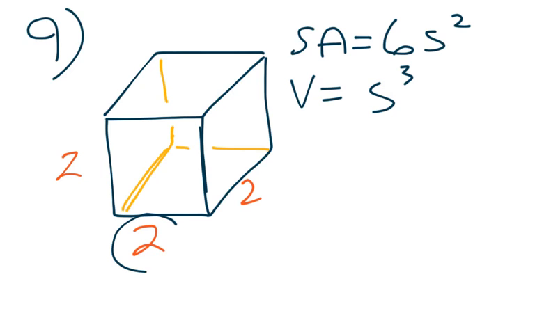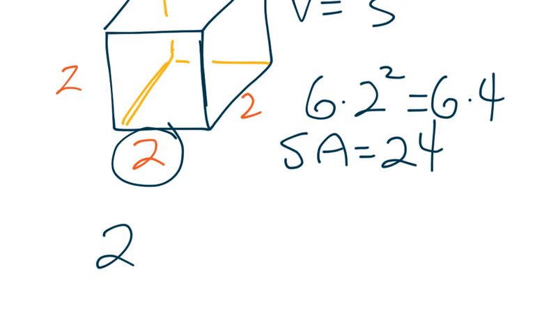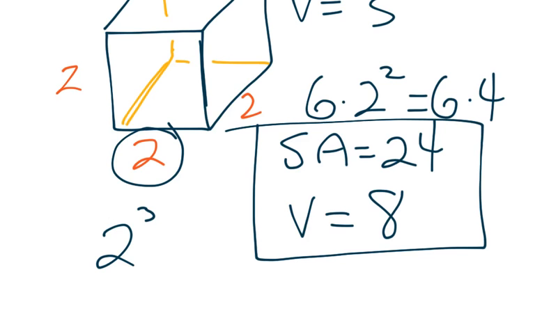Since the side is 2, we have 6 times 2 squared, which is 6 times 4. So we know the surface area is 24. To find the volume, we say 2 to the 3rd power, which is 2 times 2 times 2. So the volume is 8. So these are your 2 answers for number 9. And that is it for this section.